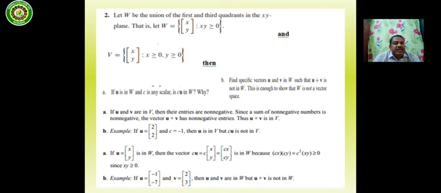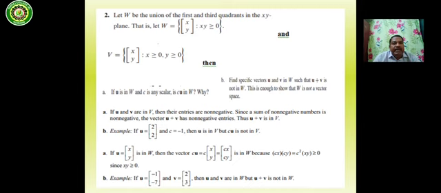Second question: find specific vectors u and v in W such that u plus v is not in W. So here we find two vectors u, v such that u plus v does not belong to W.